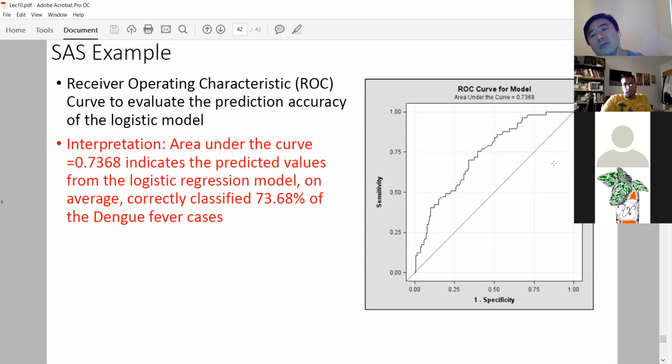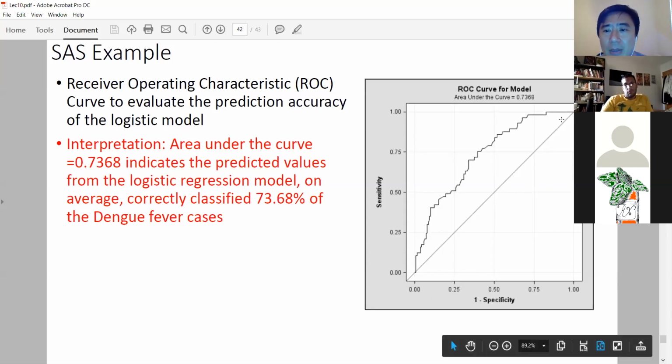Then the goal is to evaluate whether the test result based on the logistic model gives high accuracy for differentiating the case from the control, which is the non-case. So that's the goal.